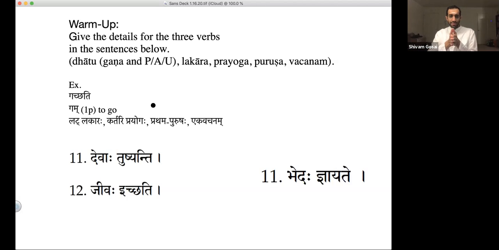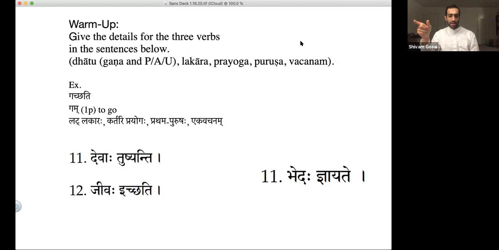So on the screen, we have some verbs: tushyanti, ichchati, and nyayate. These were a little bit difficult, so I gave you some clues in the chat. So tushyati is tush dhatu, 4p, to please. We notice that it's 4p, which is important for us to know.